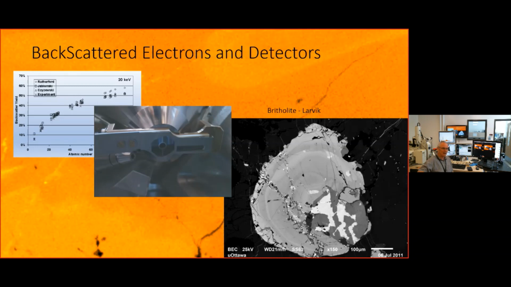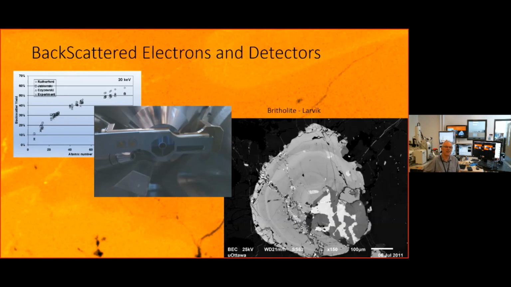So we're seeing zoning caused by when that sample was growing and incorporating more or less amounts of, excuse me, rare earth elements. The bright area here is a thorium-rich mineral, and because thorium is really heavy, we have a very bright image there. So you can see how this is really useful.